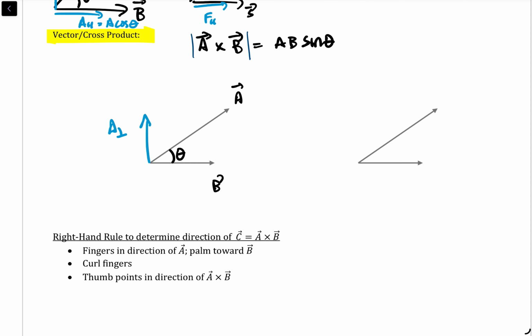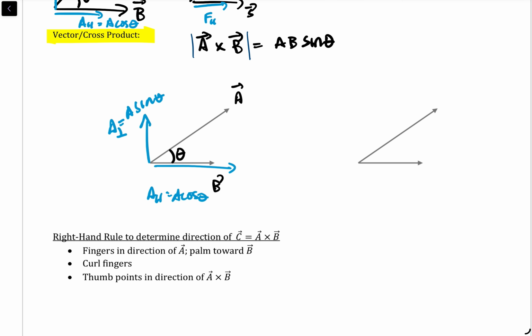Let me redraw that piece. There we go. Okay, so here's my A parallel. And this one here is A sine theta, and this one here is A cos theta.